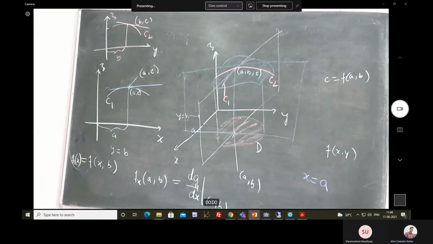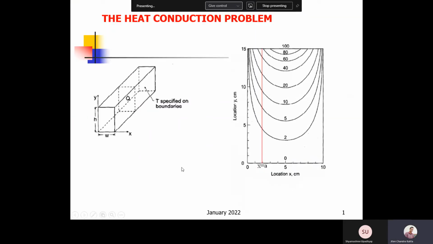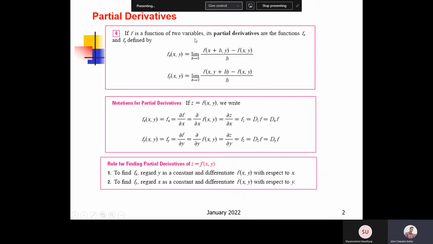This I have already defined: what is a partial derivative. And then the rule for finding partial derivatives.